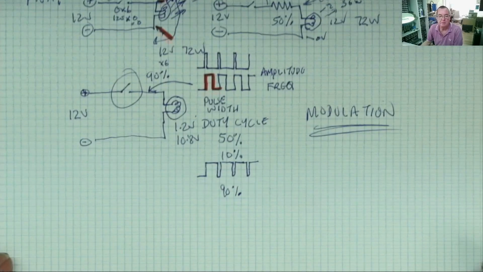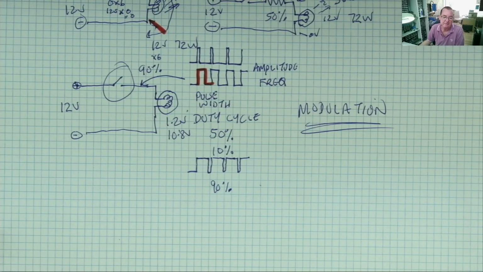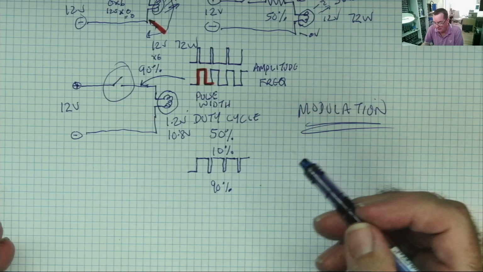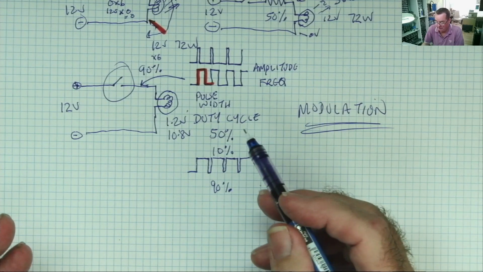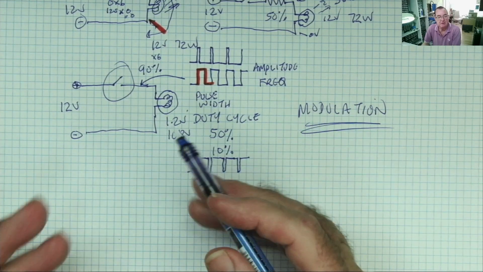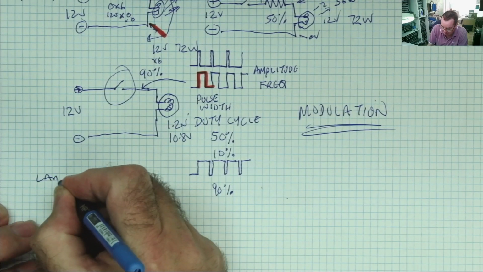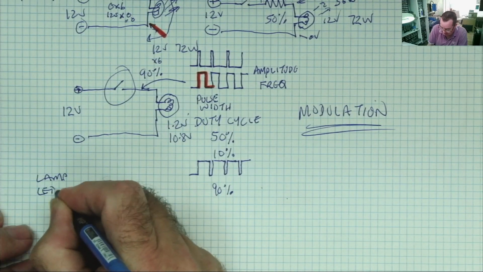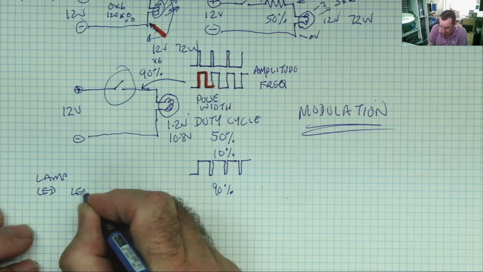So what is pulse width modulation used for? Well, we can see that it is used to regulate or vary the amount of voltage and thereby current supplied to a load. Okay, and the load could be a lamp like I used, it could be LED or strips of LEDs, lots of LEDs.